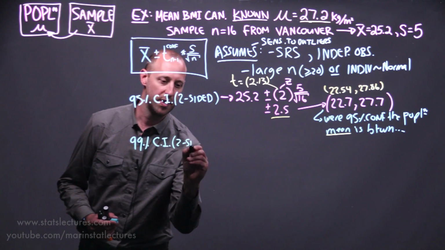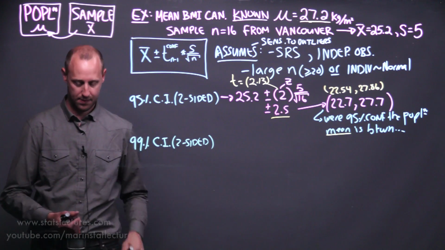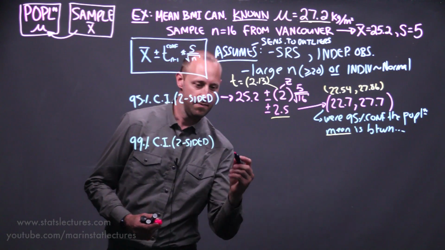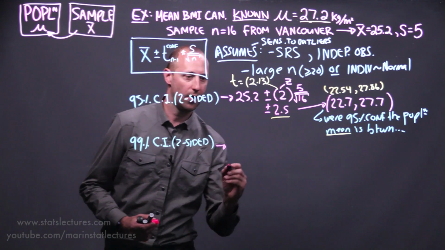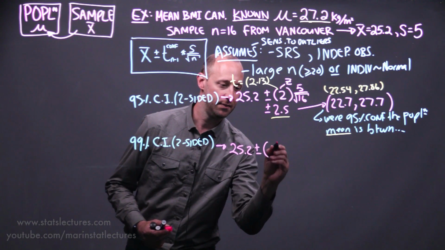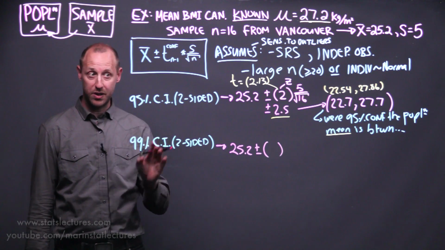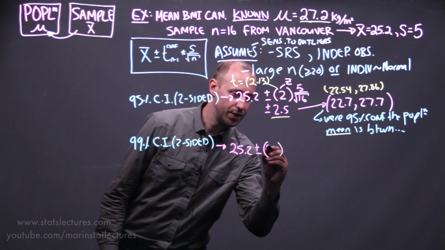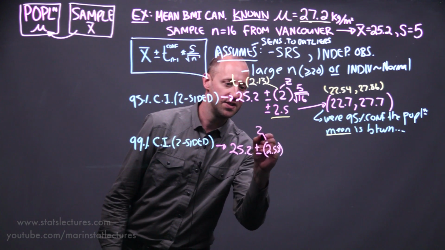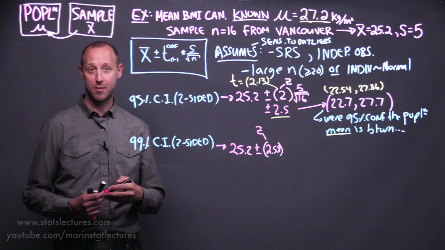And again, we're going to make it two-sided. So in order to construct this interval, we're going to go from our estimate of 25.2 plus or minus. Now, rather than reaching out 2 standard errors of the mean, we're going to reach out 2.58. This is the value of z, the normal, that captures approximately 99%.